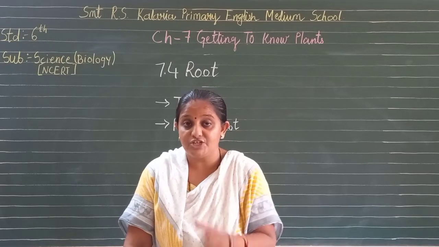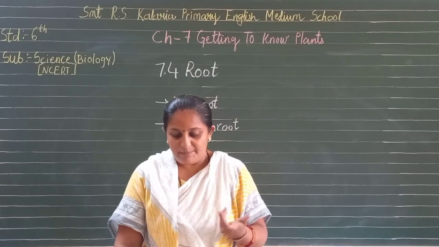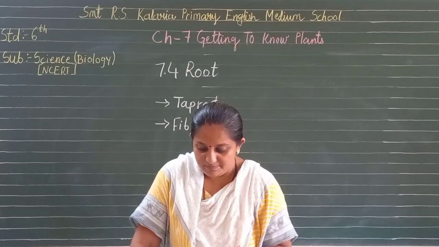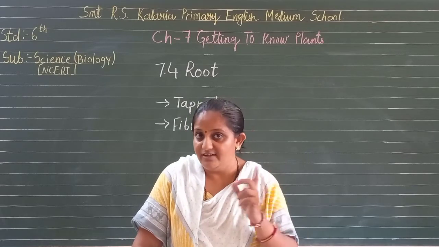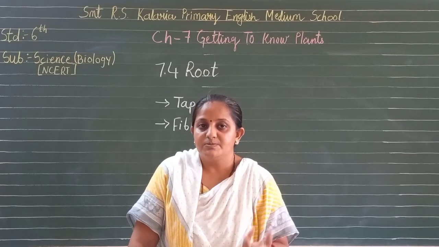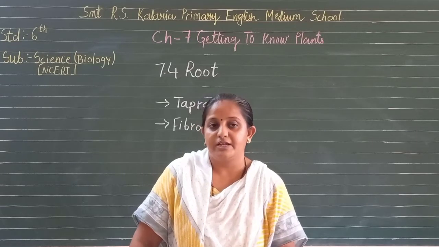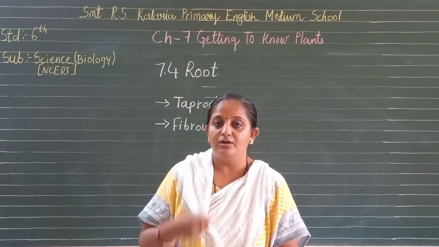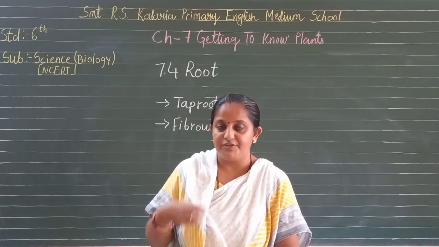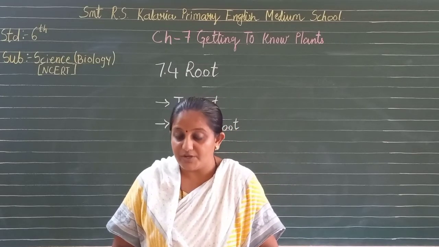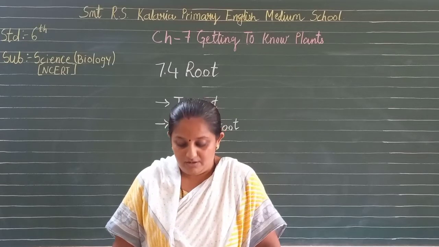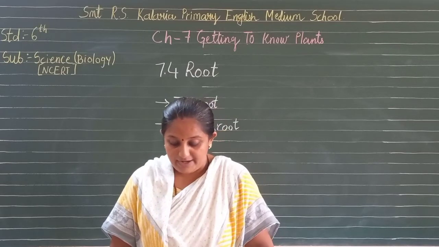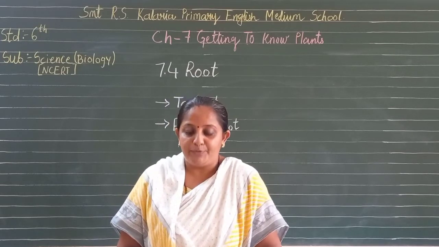From the leaf structure also you can observe parallel venation, that is a fibrous root, and reticulate venation, that is a taproot. So this is the smart way to understand it. No need to pull out the roots of the plant unnecessarily. From this you can understand that parallel venation has a fibrous root system and reticulate venation has a taproot system.